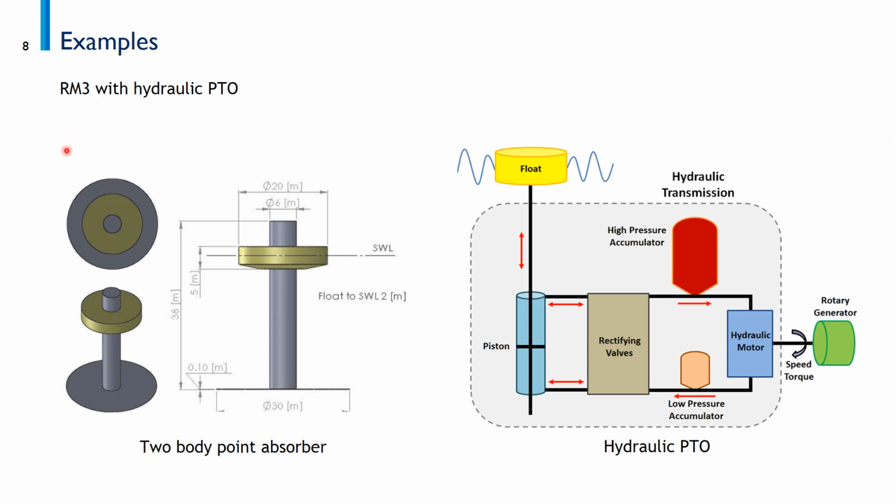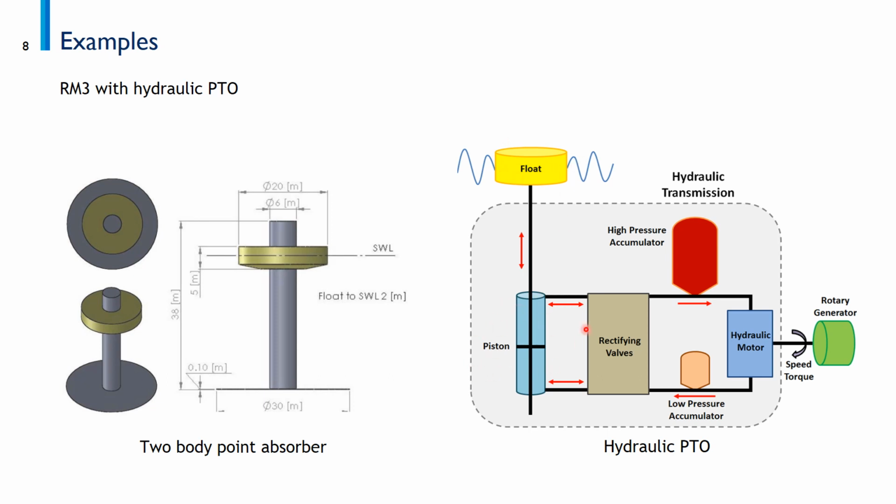Let's consider one example. We are going to consider the RM3 with a hydraulic PTO. The RM3 is a two body point absorber, and this is the hydraulic PTO that we are going to consider as an example. And we are going to illustrate how to use PTO Sim to model this specific hydraulic PTO system.